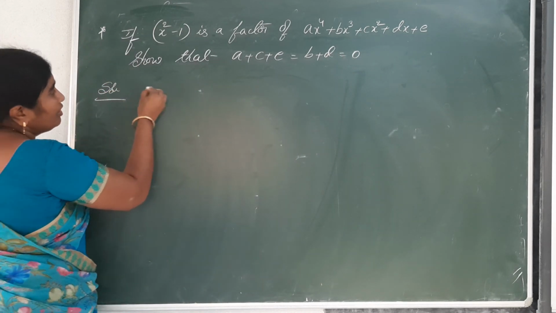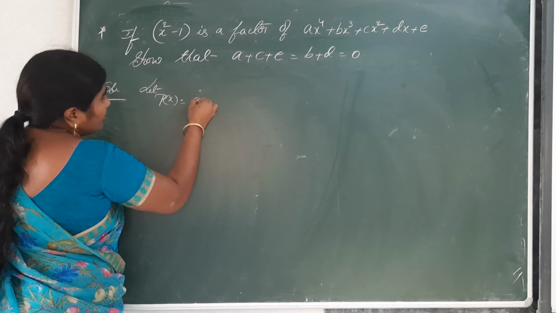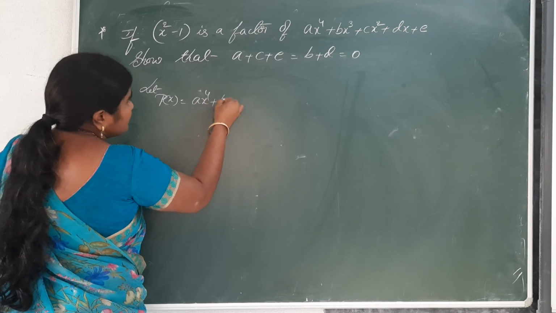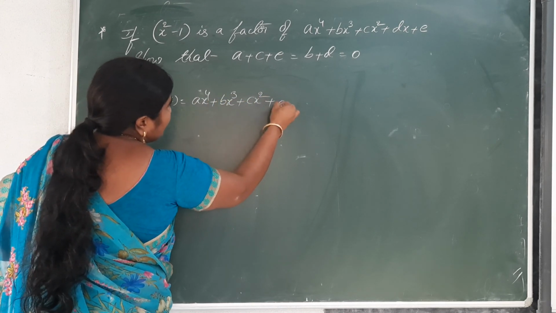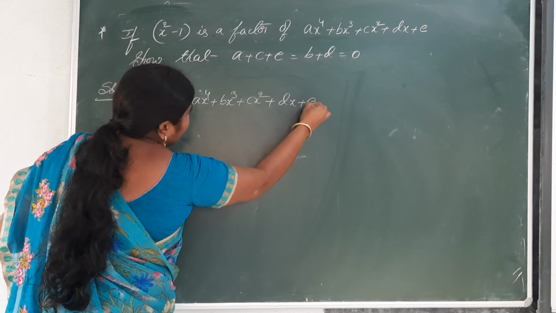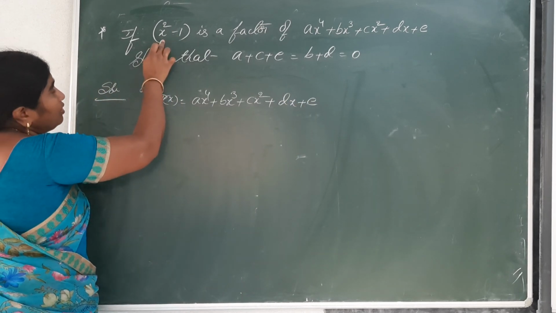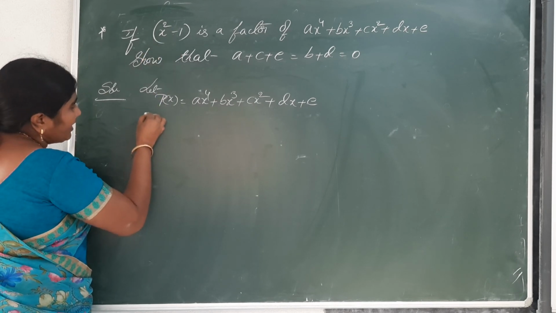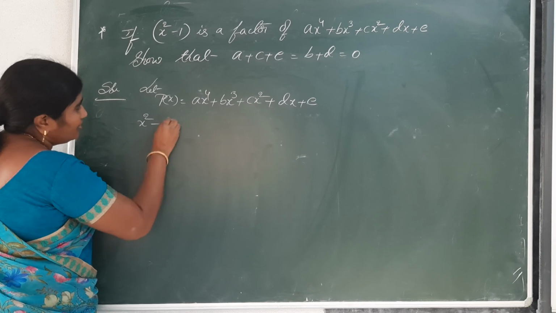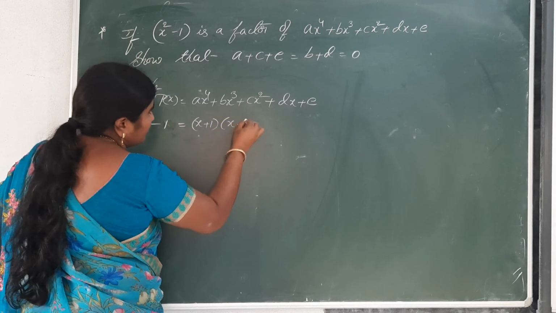Solution: let p of x equal to a x power 4 plus b x cube plus c x square plus dx plus e. Now we can write x square minus 1 equal to x plus 1 into x minus 1.